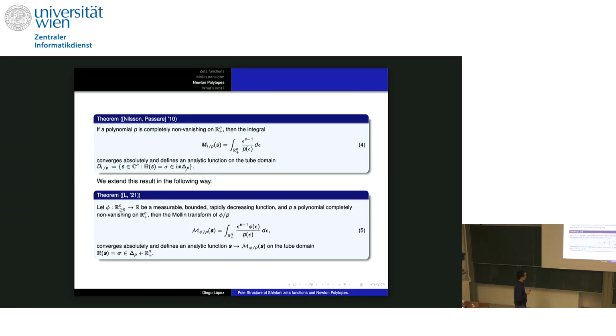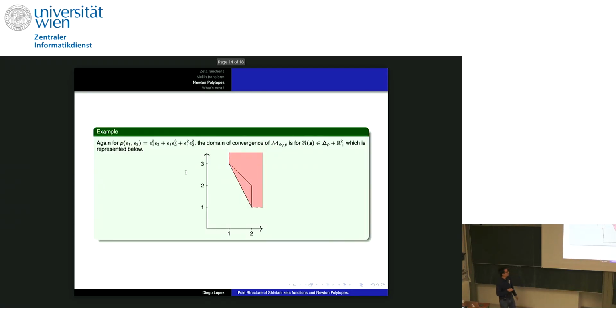So we proved this year that for the Mellin transform of phi over P, where phi is a bounded measurable rapidly decreasing function, so you can think of a Schwartz function, for instance, the tube domain of convergence and analyticity of this Mellin transform is given whenever the real part of s is in the Newton polytope of P plus R^n_+.